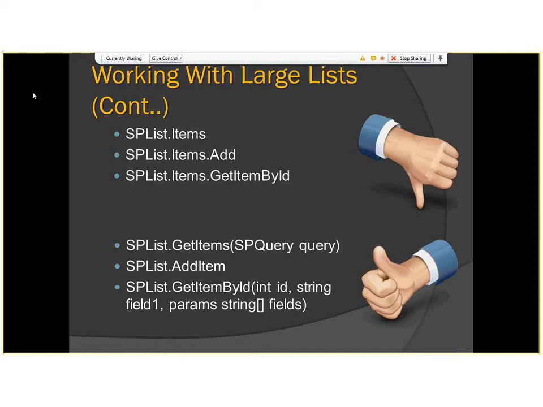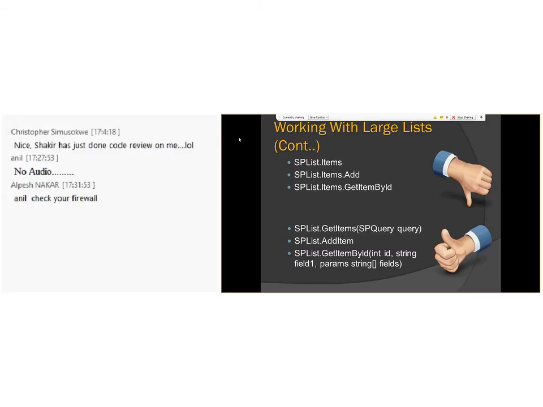So you don't have to take the whole of the items; rather, you can provide the fields and take as many fields as you want, and just get rid of the other fields.